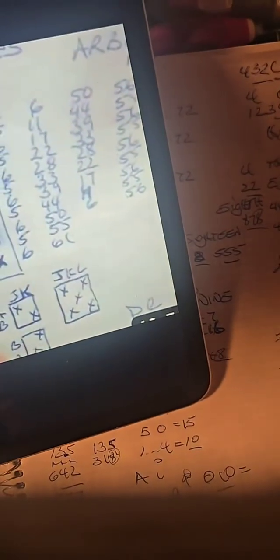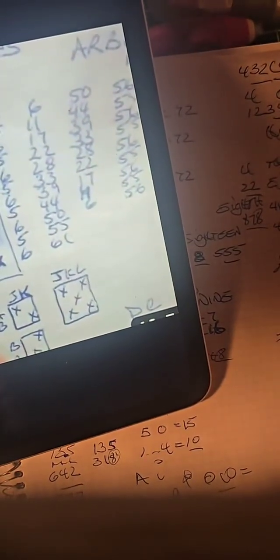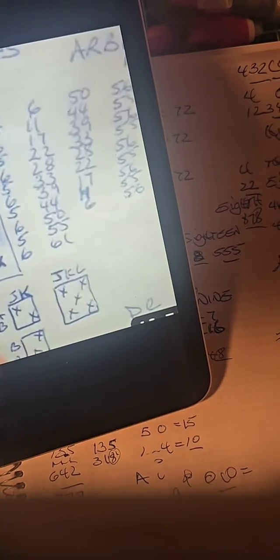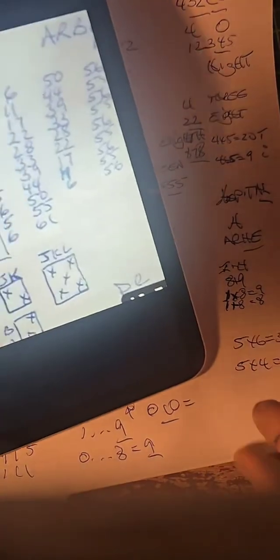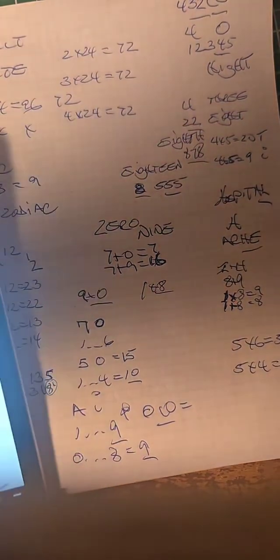Then 1, 2, 3, 4, 5. 5 by 4 equals 20. Did I do that right? Can you see the page? 5 by 6, 30. 5 by 4, 20. The total is 50. We have 20, 30, right?